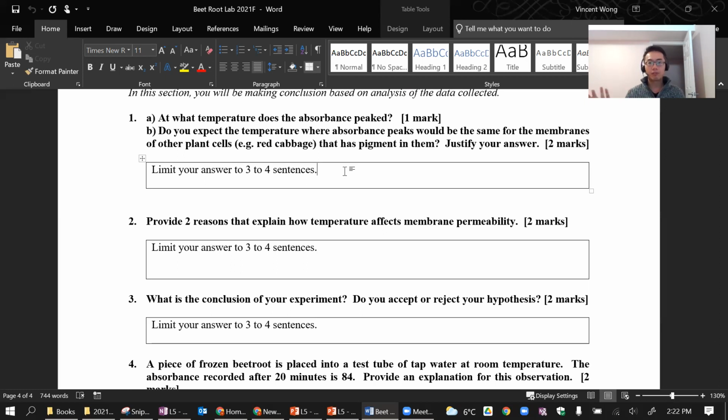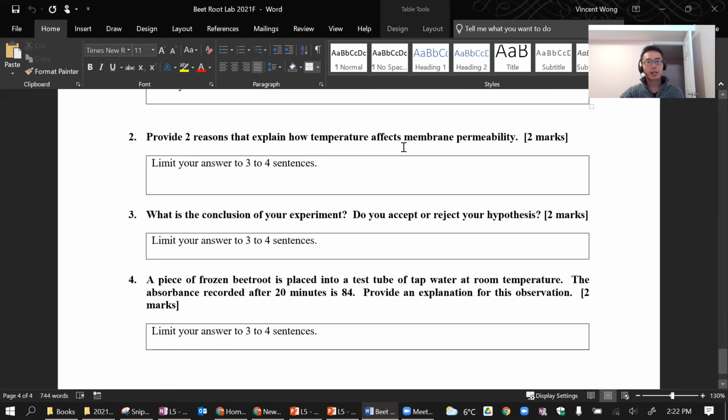No two cell membranes from different organisms are going to be identical, right? The cabbage might have more proteins in it, and therefore it's more resilient to temperature compared to the beetroot, or vice versa. So if the composition is different, you would expect the peak temperature to be different, okay?